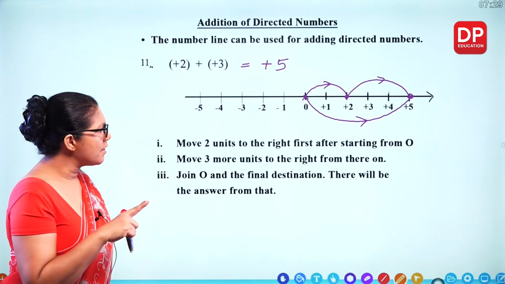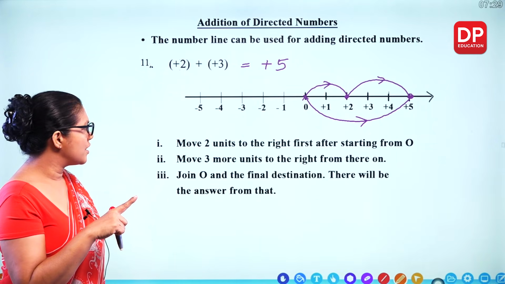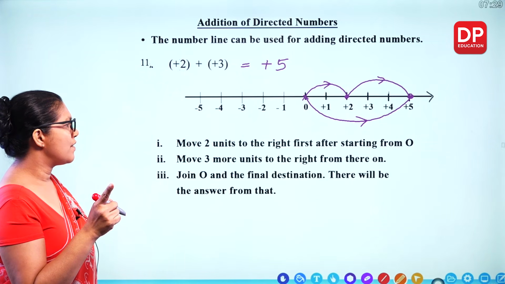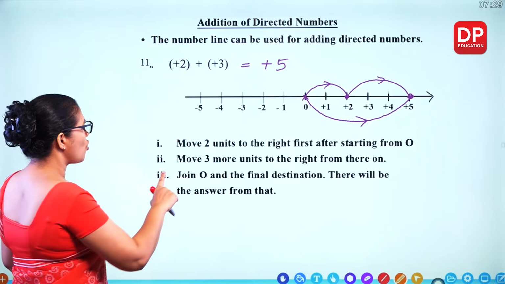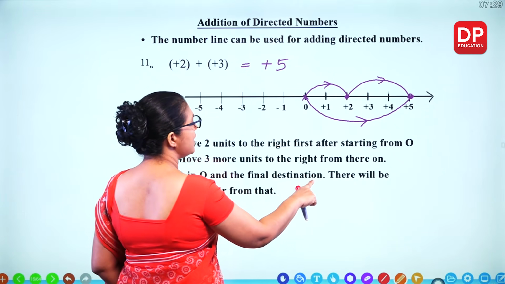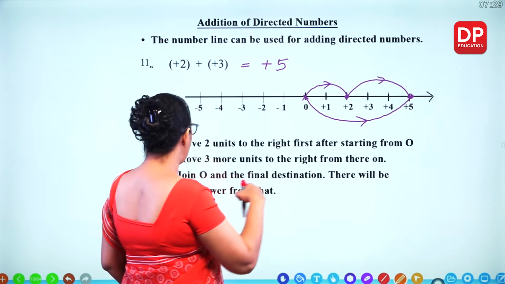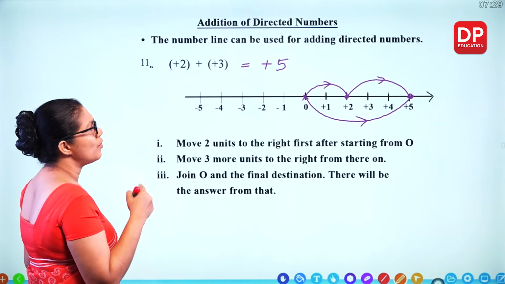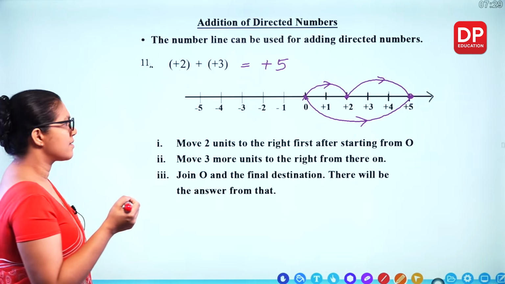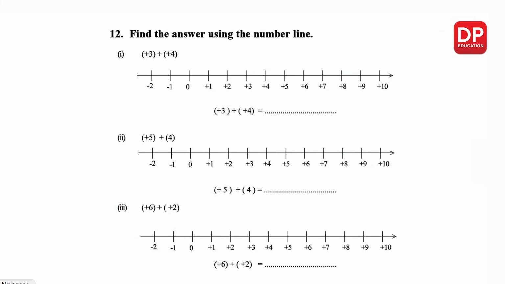Move 2 units to the right first after starting from 0. Move 3 more units to the right and join 0 and the final destination. That will be the answer. So plus 5 is the answer. Plus 3 and plus 4. We'll try to use the number line for that.